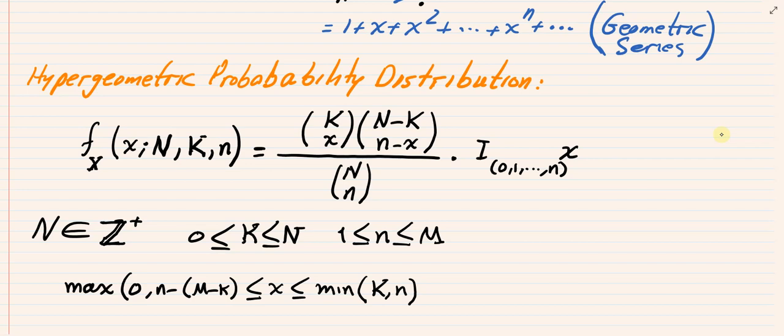Now, this is the function f, the random variable is x, and we have in the numerator k choose x times capital N minus k choose little n minus x, and in the denominator we have capital N choose little n.